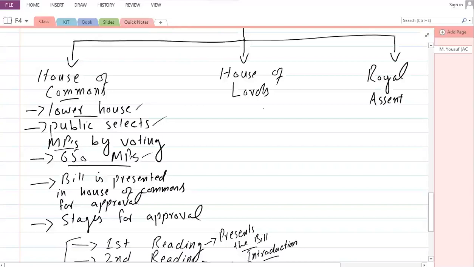Now, what is the function of the House of Lords? The House of Lords' function is examining these sorts of bills, questioning government ministers, and investigating public policy made by the ministers. This is the basic role of the House of Lords. Basically, the House of Lords is the upper house.